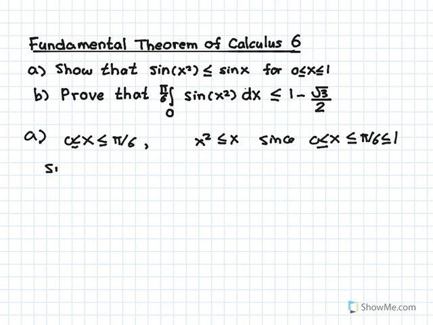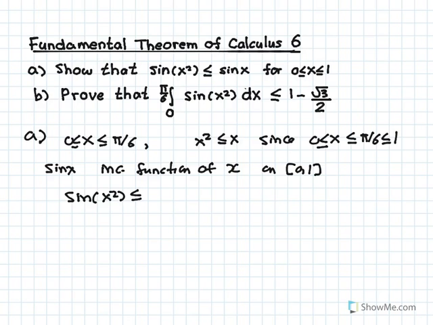Now we know that sine x is an increasing function of x on the interval 0 to 1. That means sine of x squared is less than or equal to sine x on the same interval 0 to 1.